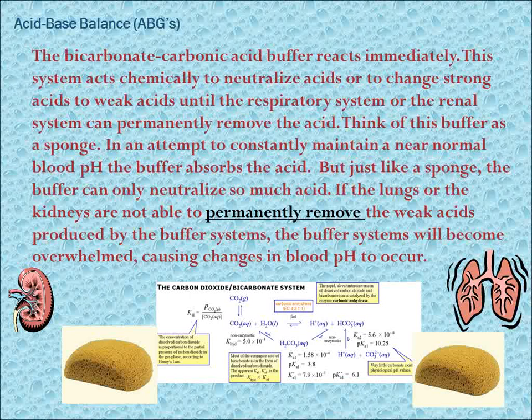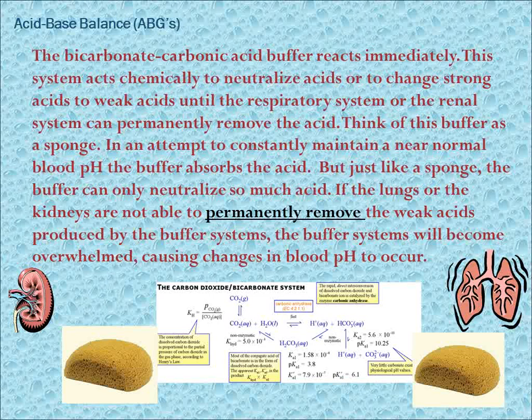And as it does that, the strong acid is converted into a weak acid. Once the acids are now weak, then the respiratory system or the renal system can permanently remove the acids. So that's how it works.